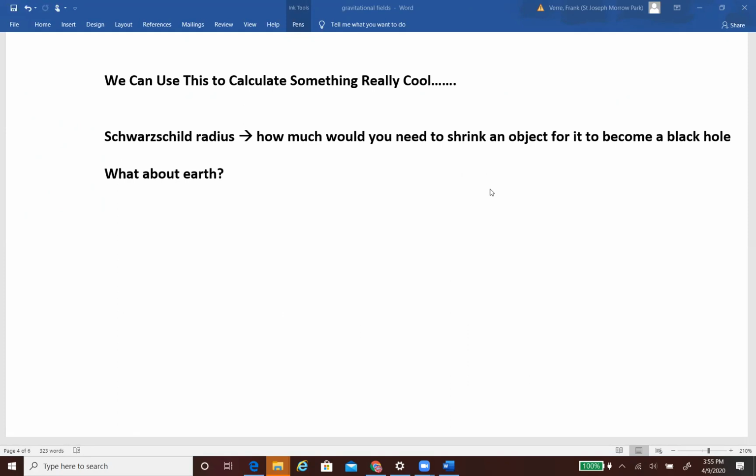It could be that or smaller. So for instance, if we took the Earth and squashed it down to some ridiculously small size, we can make it into a black hole so that light wouldn't be able to escape from it. And the way you would do that is you would simply think about the previous question that we just did, right?